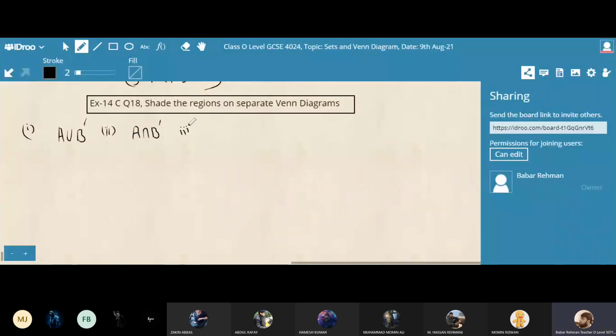Third one, A union B whole complement. Fourth, A intersection B whole complement.